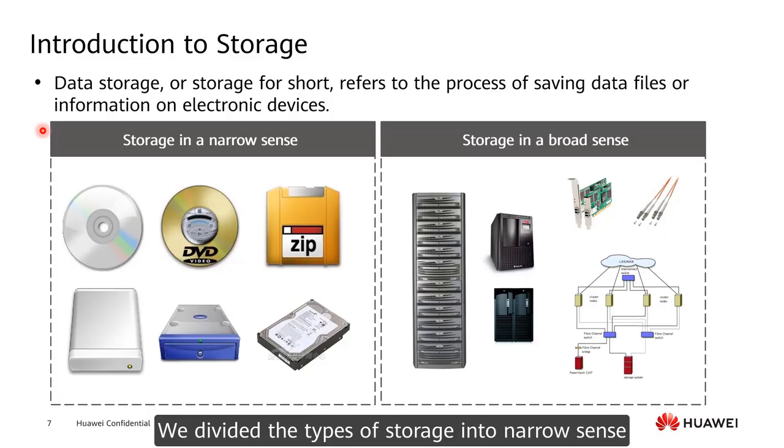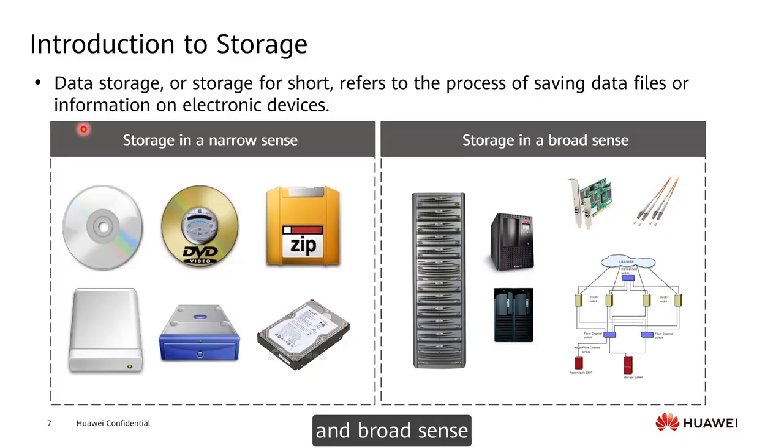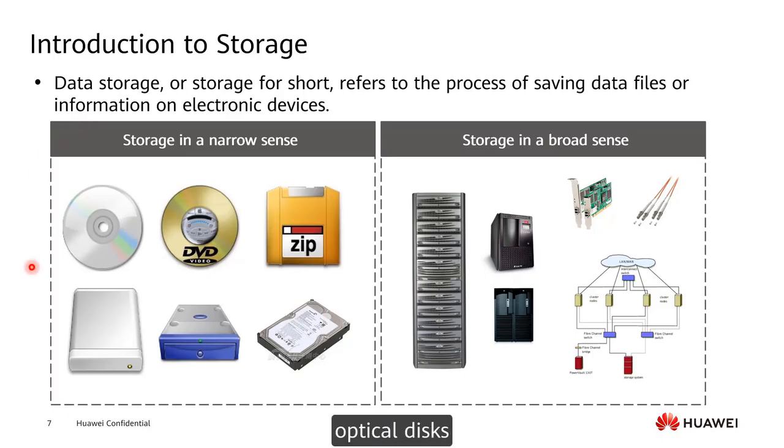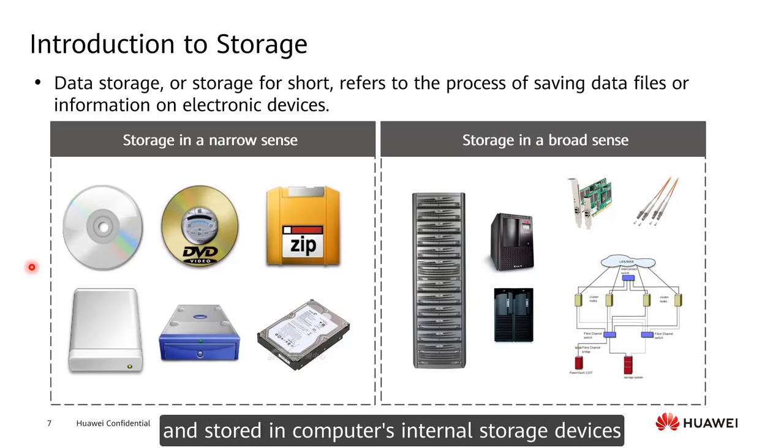We divide the types of storage into narrow sense and broad sense. Narrow sense storage includes optical disks, floppy disks, data disks, and so on. It's mainly for individual users and stored in computers' internal storage devices.